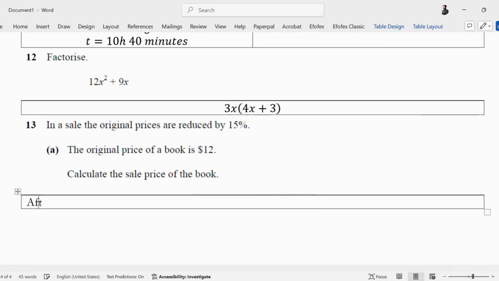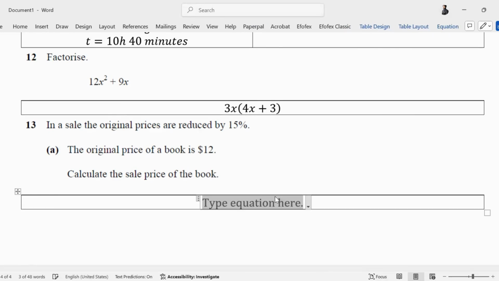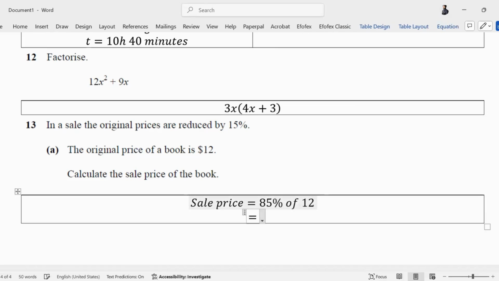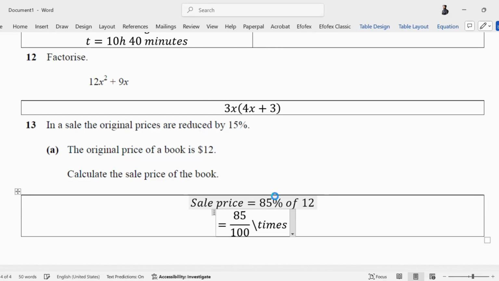So after 15% reduction, the remaining amount is 85%. So sale price is basically 85% of 12, which means 85 upon 100 of 12, or you can say that it is 0.85 of whatever suits you.